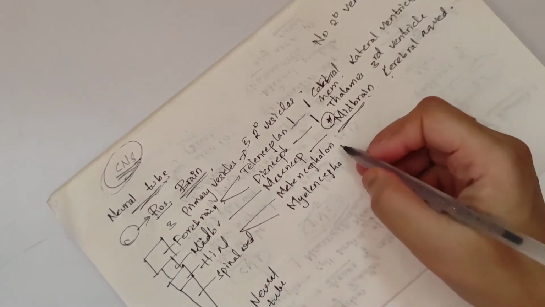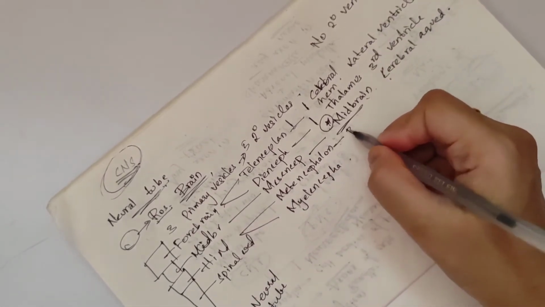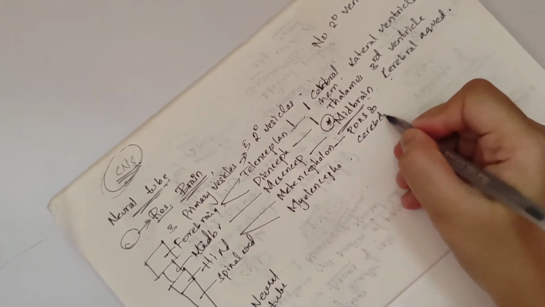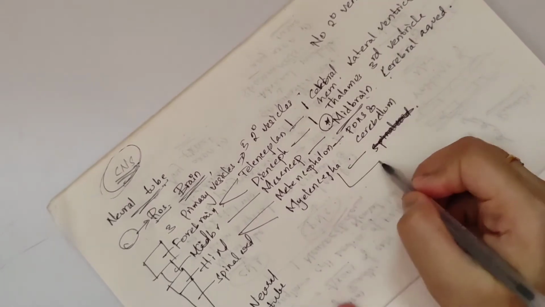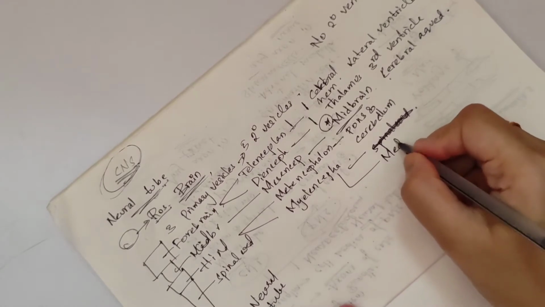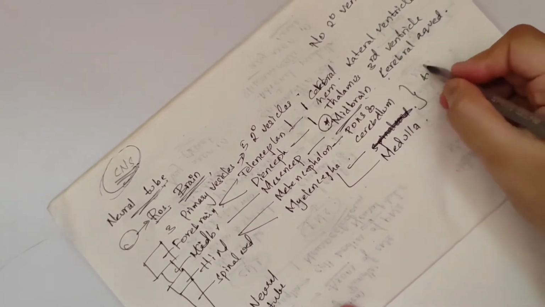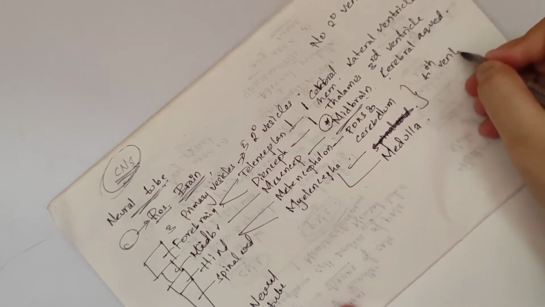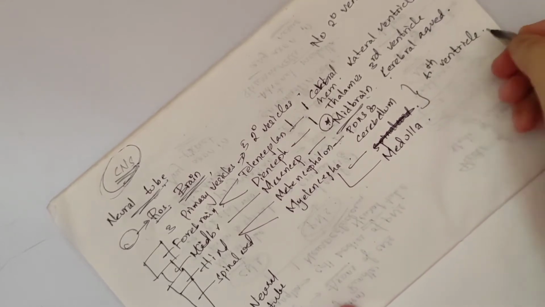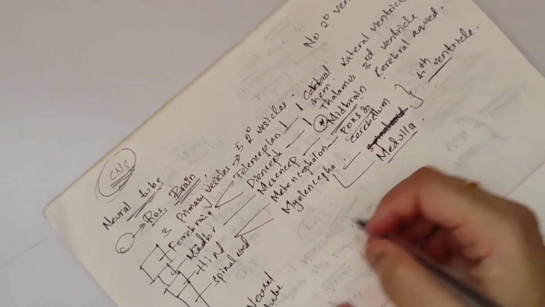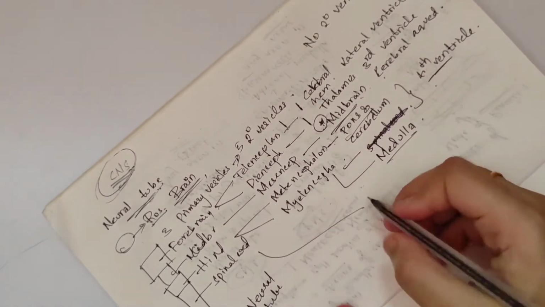The metencephalon has the pons and cerebellum, and the myelencephalon has the medulla. These both together form the 4th ventricle, which lies between the pons and medulla, and the remaining part is the spinal cord.